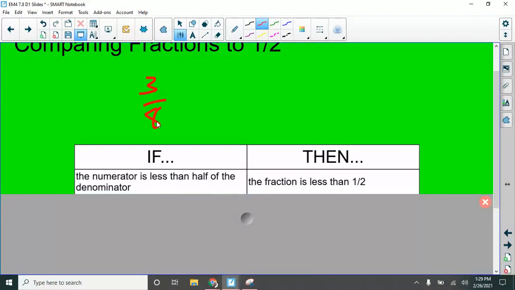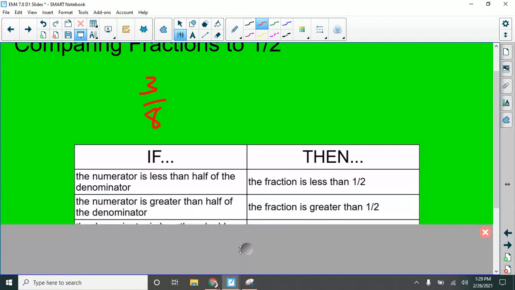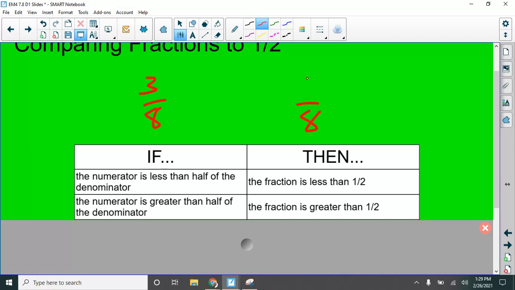Half of the denominator is 4, so 3 is less than 4. If the numerator is greater than half of the denominator, half of the denominator is 4. So if we had 5/8, well, now we know that's more than 1/2, which would be 4/8.